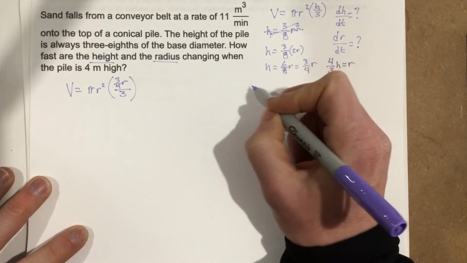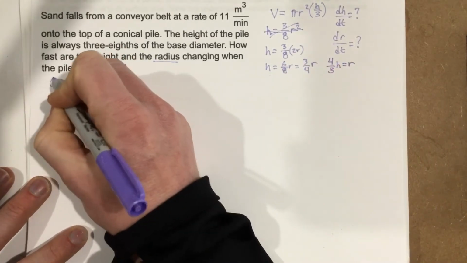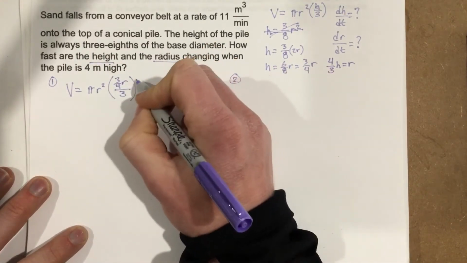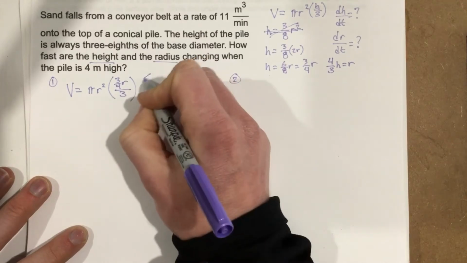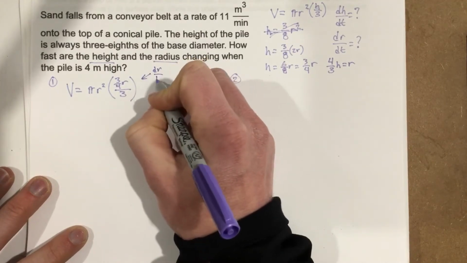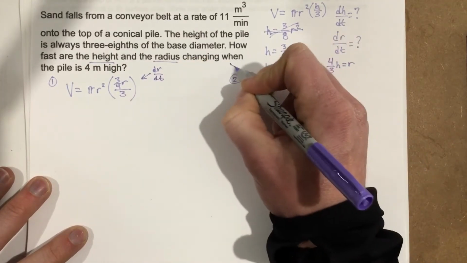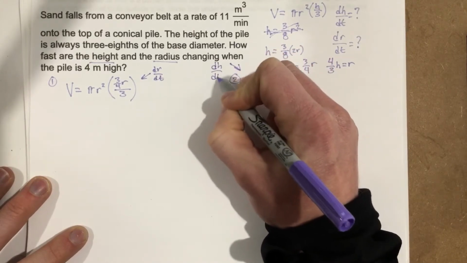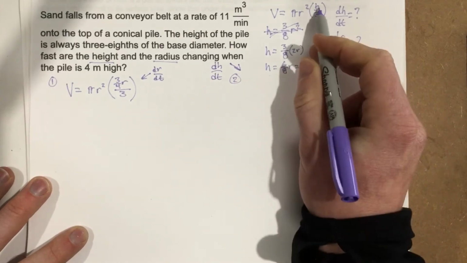Let's write the second part. So this is part 1, and this is part 2. In this part we're trying to find dr over dt, and this will be dh over dt. So we're going to take that and plug it into this equation for r.